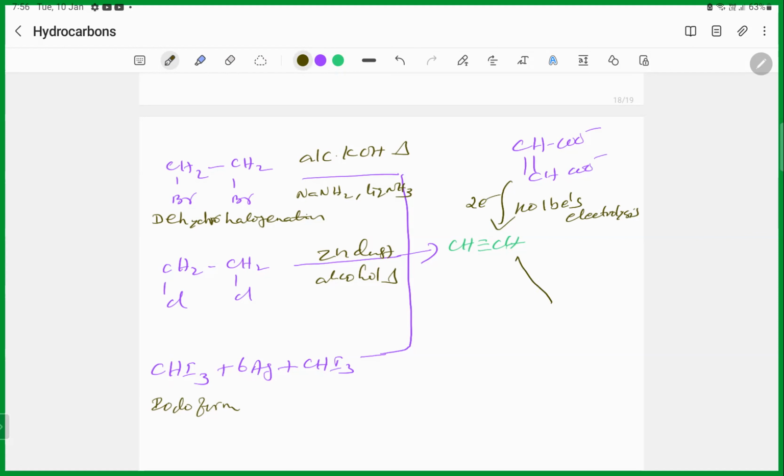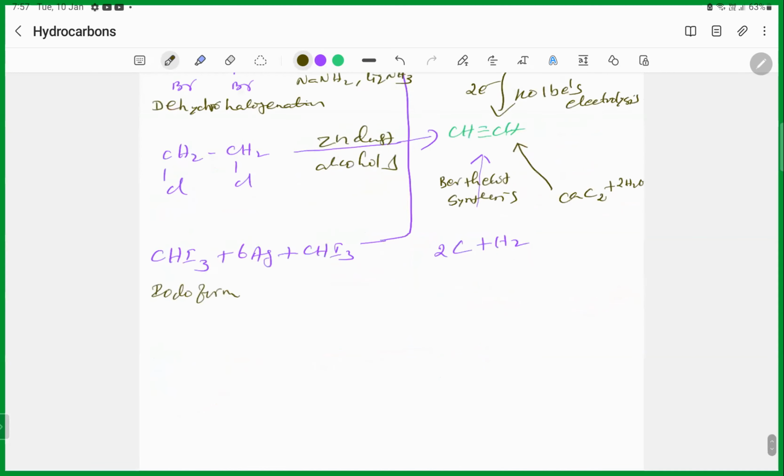Same way, in the laboratory method, you can have calcium carbide plus water, giving two carbon plus hydrogen. So by this way we can prepare.